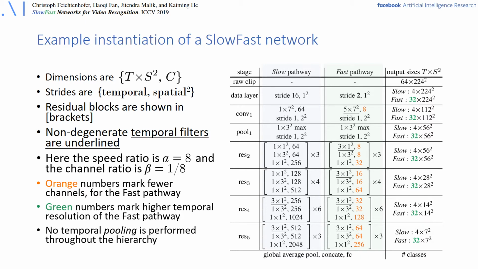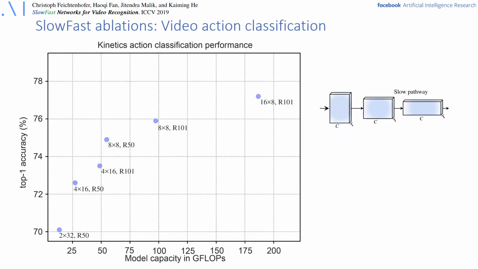On the next slide, we show some ablations where we compare the slow pathway, shown in blue dots, against the SlowFast variant, for various models of different computational complexity. On the vertical axis, we can see the recognition accuracy. And on the horizontal axis, we see the model capacity in floating point operations, so the cost of the models.